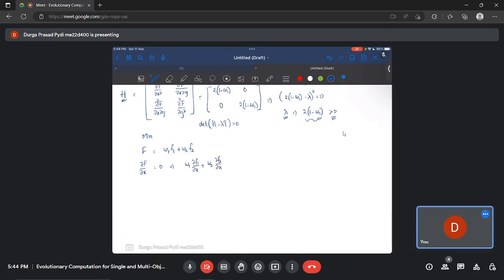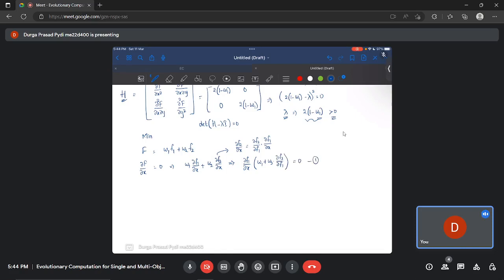Now we can write del f2 by del x as del f2 by del f1 times, using the chain rule, del f1 by del x. Then you can take out the common factor del f1 by del x. So this becomes del f1 by del x times w1 plus w2 times del f2 by del f1. This entire expression has to be 0. This is equation number 1.